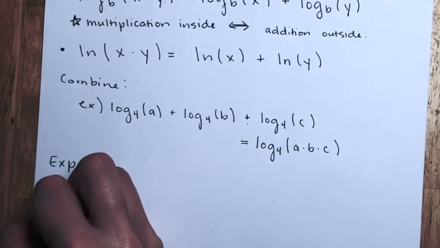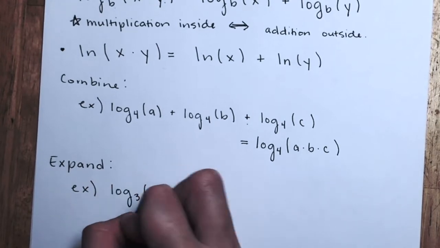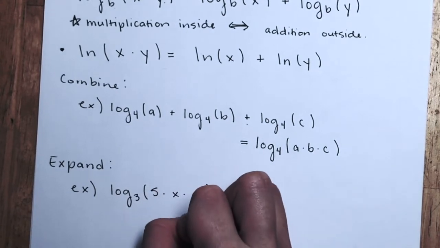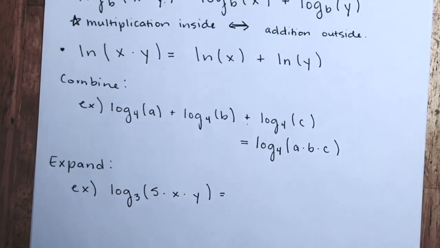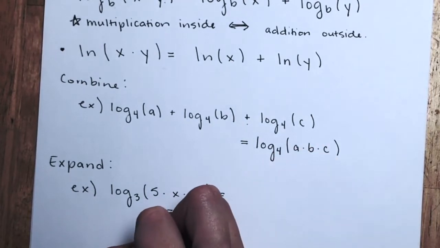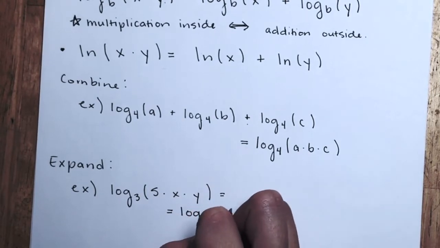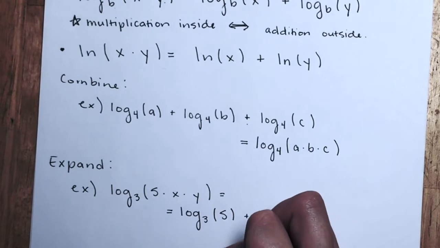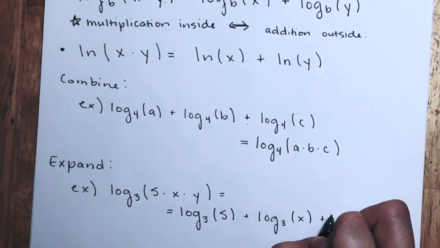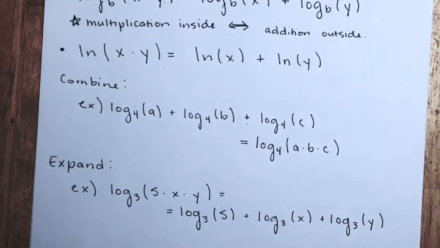So, for example, if we've got something like log base 3 of maybe 5 times x times y, this is equal to, I'm going to write it on the next line. This is equal to log base 3 of 5, right, plus log base 3 of x plus log base 3 of y. We'll get more practice with this in just a minute.